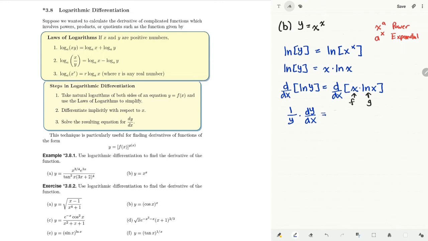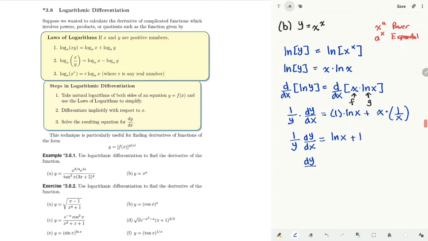So the derivative of f is 1 times g, which is the natural log of x, plus f times the derivative of g. So the derivative of the ln of x is 1 over x. And so we can simplify this to 1 over y dy over dx is equal to the natural log of x plus 1.